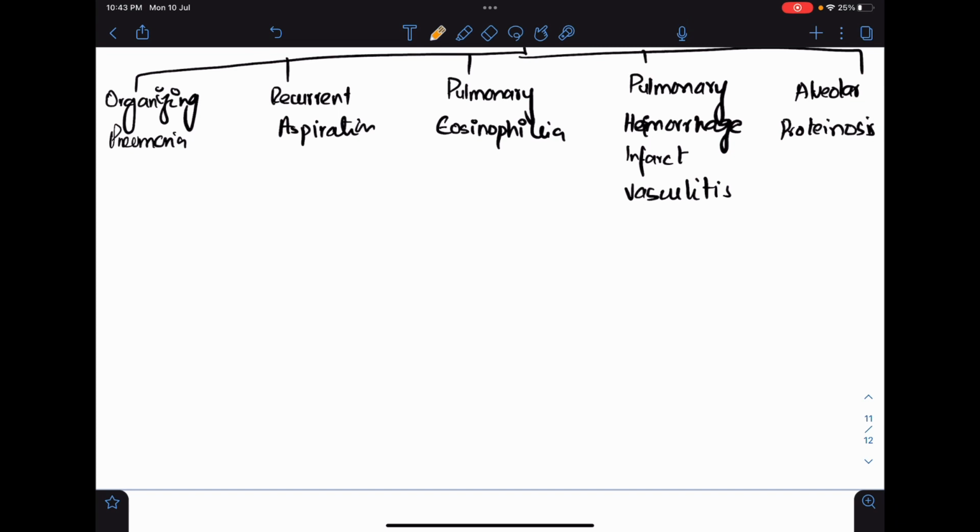Organizing pneumonia occurs mainly in a peripheral, mid or lower zone distribution. Recurrent aspiration occurs in the lower zone.